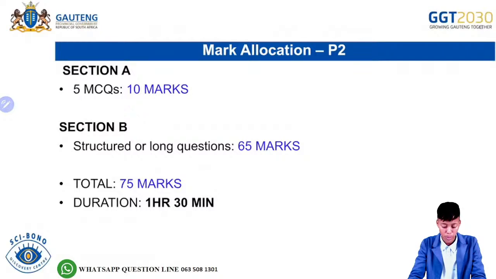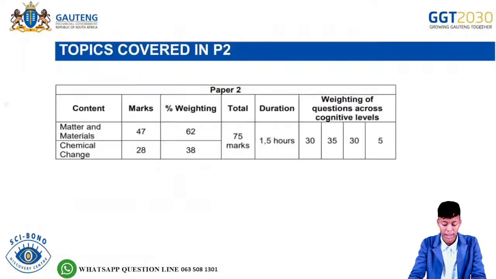Now the total for paper 2 is 75 marks with a duration of 1 hour, 30 minutes. Topics covered in paper 2 will be matter and material, which has a total of 47 marks and a percentage weighting of 62. Then we have chemical change, which has a total mark of 28 and a percentage weighting of 38.